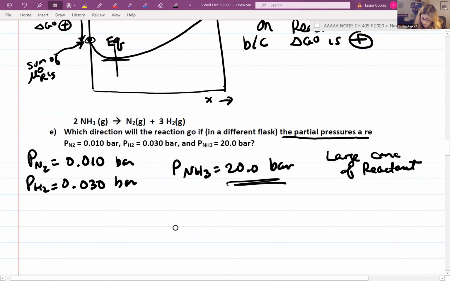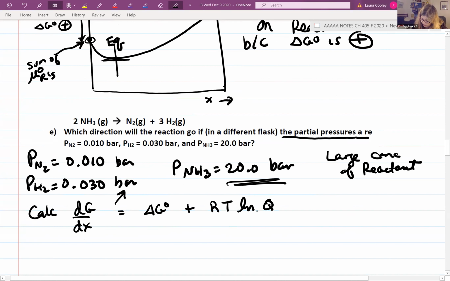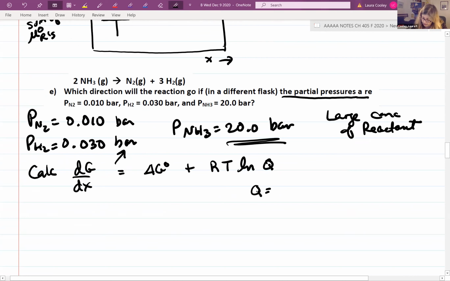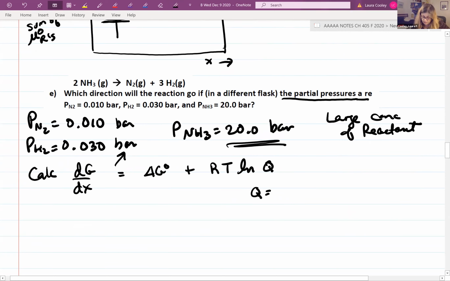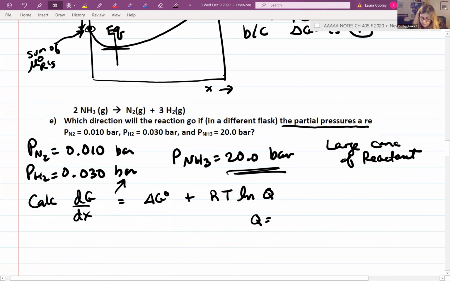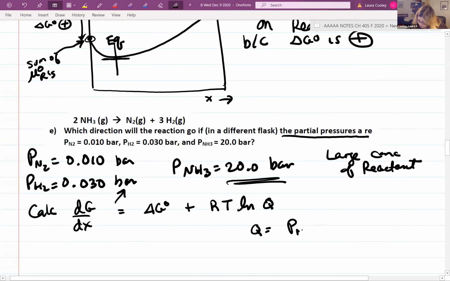In order to actually answer this question, you have to calculate dG/dX under these conditions. So it's going to be delta G0, which we already know, plus RT times the log of Q. And Q is the pressure ratio. We know this is not at equilibrium, but we still have to use that pressure ratio. Looking at the reaction, it's the pressure of N2 times the pressure of H2 cubed over the pressure of NH3 squared.